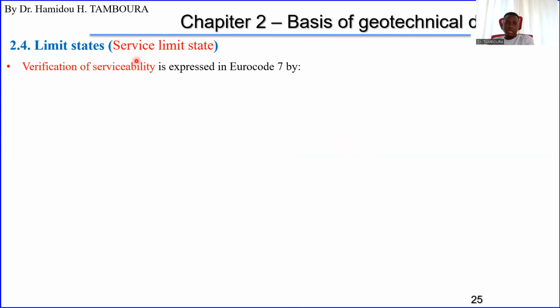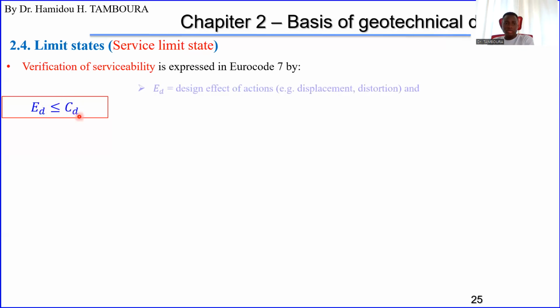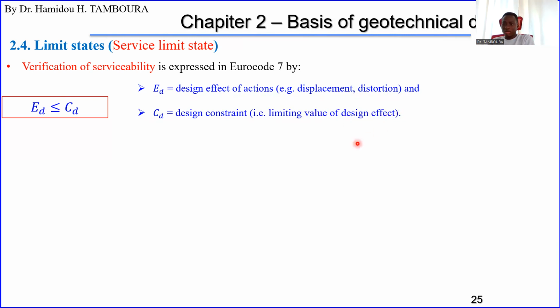Let's go now to the service limit state. The verification of serviceability is expressed by this equation: Ed should be less than Cd. Ed is the design effect of actions: displacement, distortion, bending moment. These are the effects of actions, and they should be less than the design limiting value of the design effect. For example, displacement should be less than this, settlement should be less than this amount.